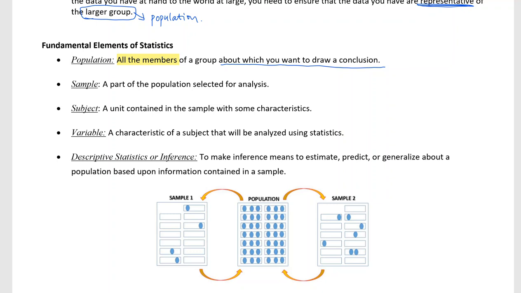Then the next element will be called sample. All right, so what is sample? A sample is a part of the population selected for analysis.